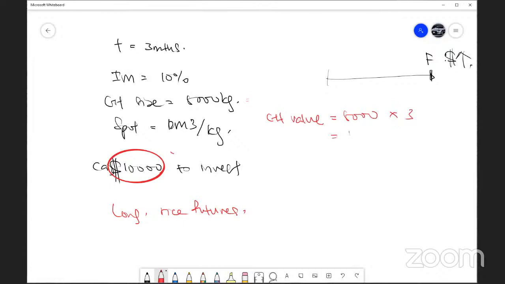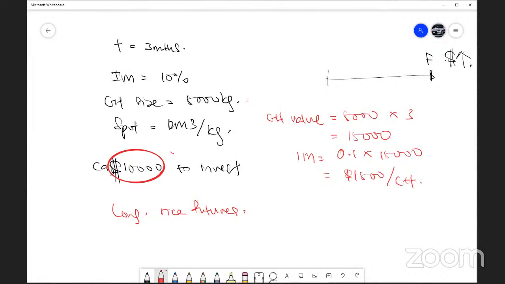So each contract value is $15,000. Initial margin is 10% of this 15,000, so it's around 1,500 per contract.